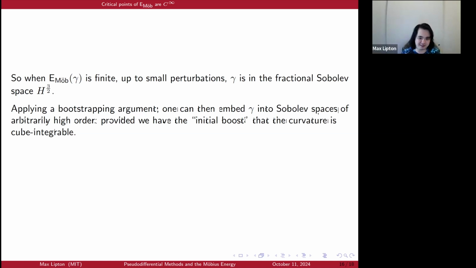The initial boost that you need is just that the curvature is cube integrable. So the second derivative is in L3, and that's where the 3/2 comes from.